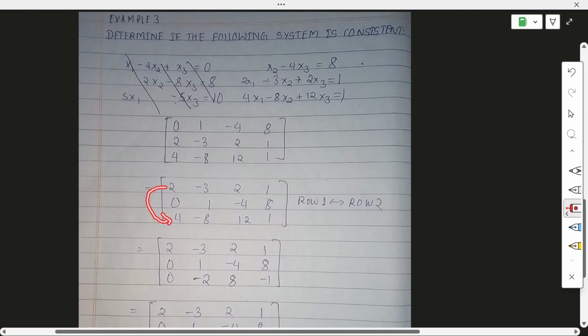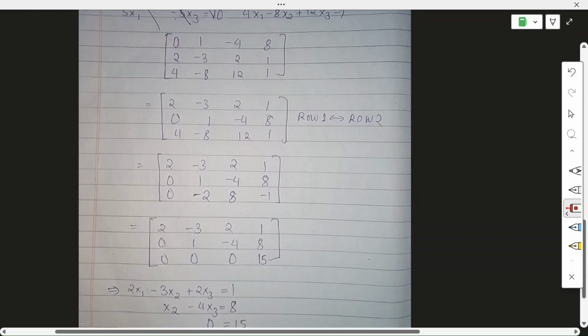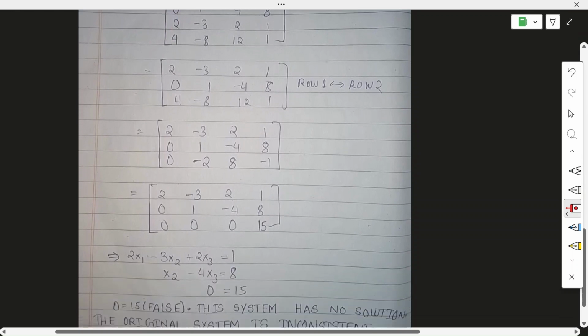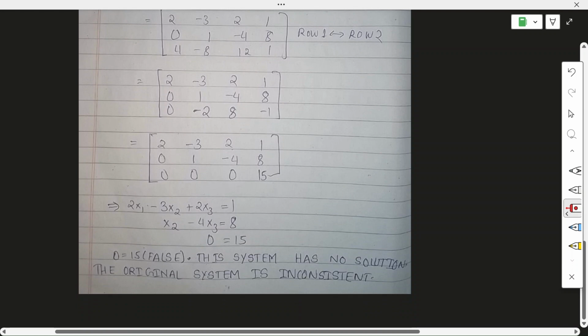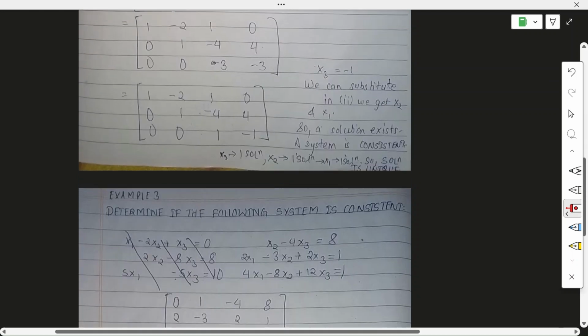If we can't make it nonzero, we must interchange with one of the other rows, and our calculation will be easy. We solve them, and here we get 0 0 0 15, which means 0 equals 15. Can 0 be equal to 15? No, we can't get that. So the system has no solution. If the system has no solution, then the system is inconsistent, we can say.